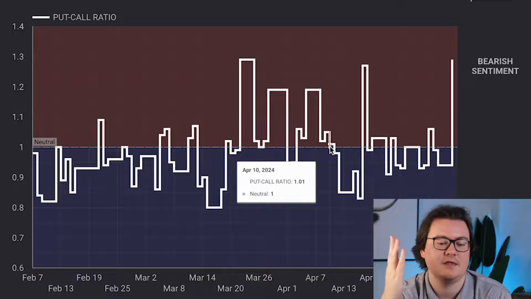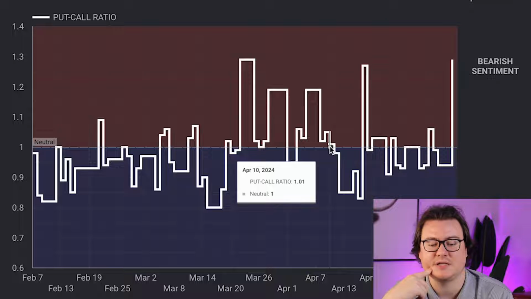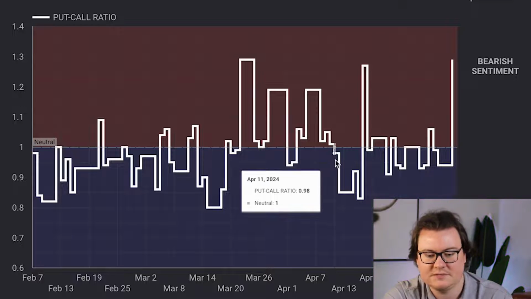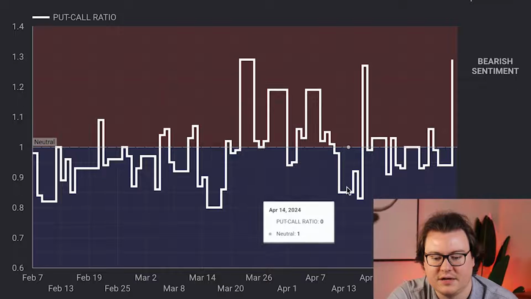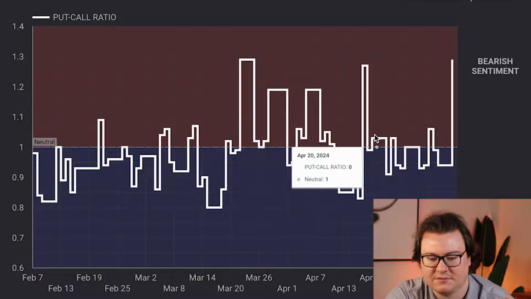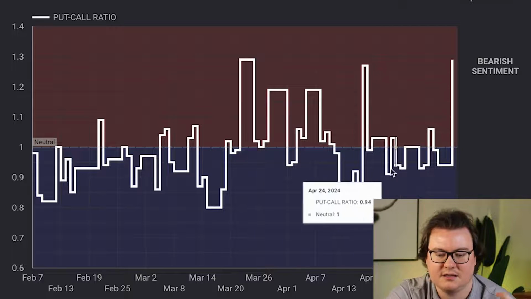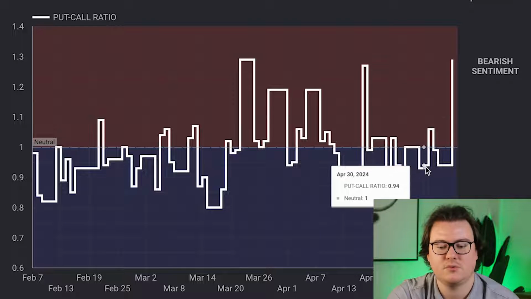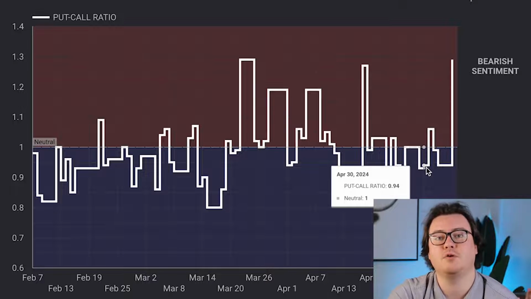So I know that during that time period, investors were feeling much more bearish about the stock market. Since then, we've seen a mix of both. We've got bullish sentiment days, we've got bearish sentiment days, back into bullish, back into bearish, and so on and so forth. Investors haven't quite made up their mind.